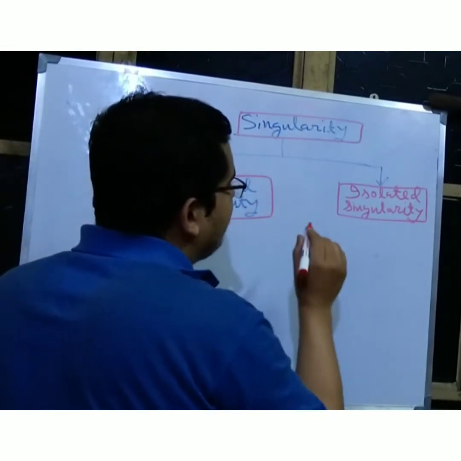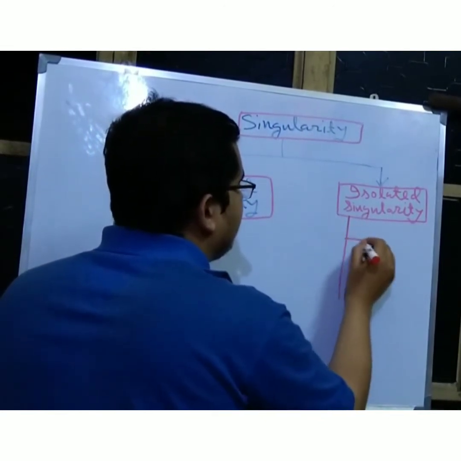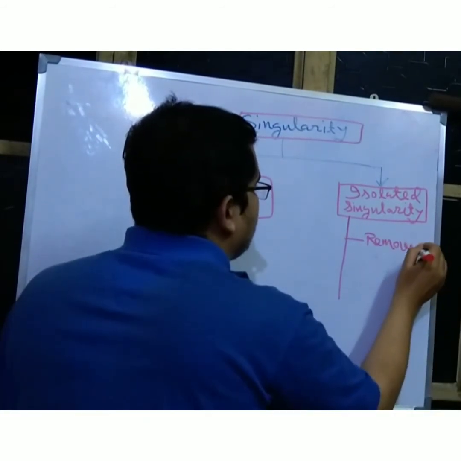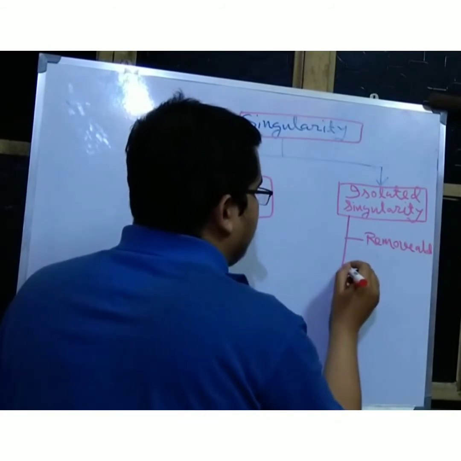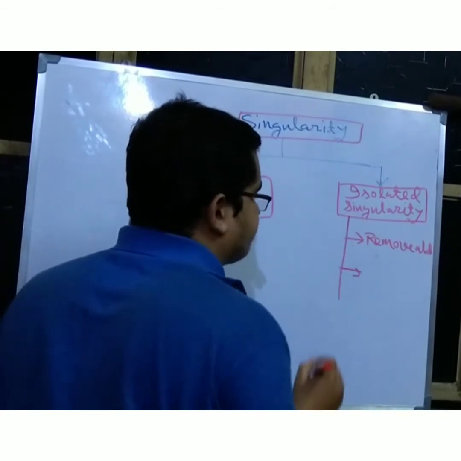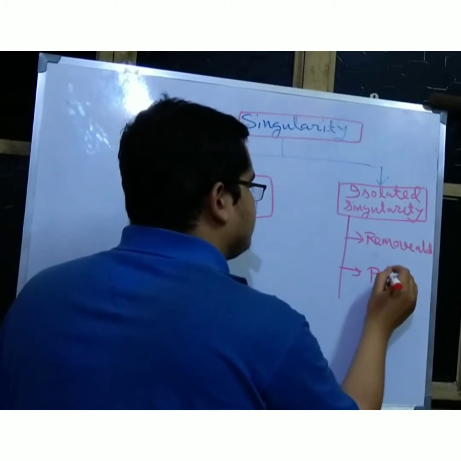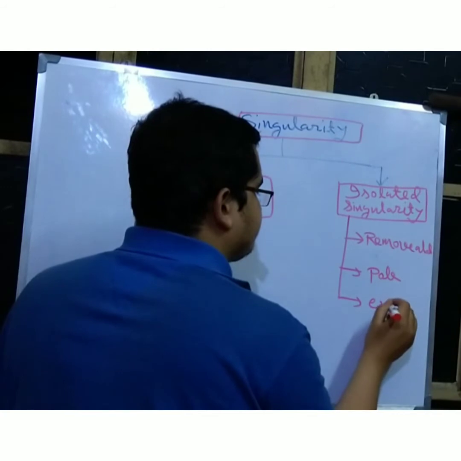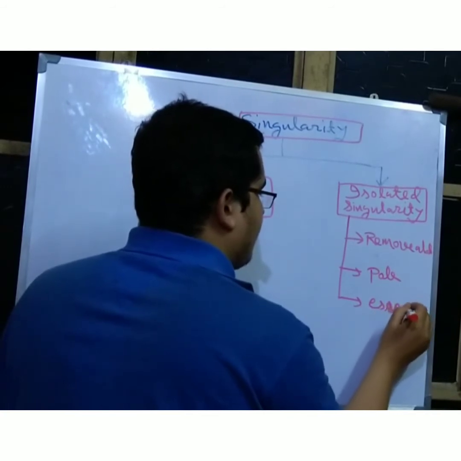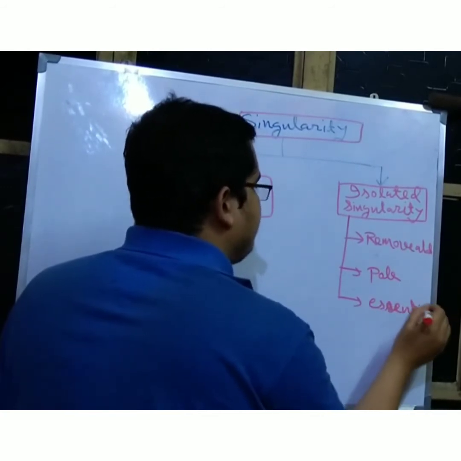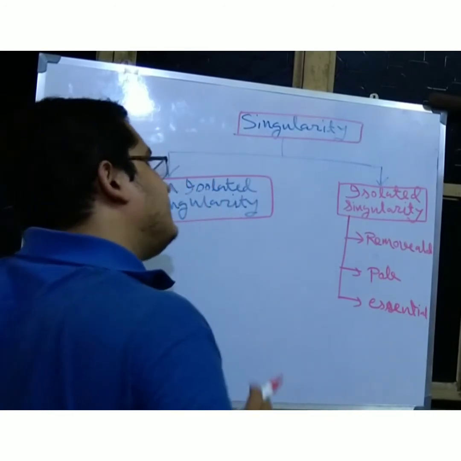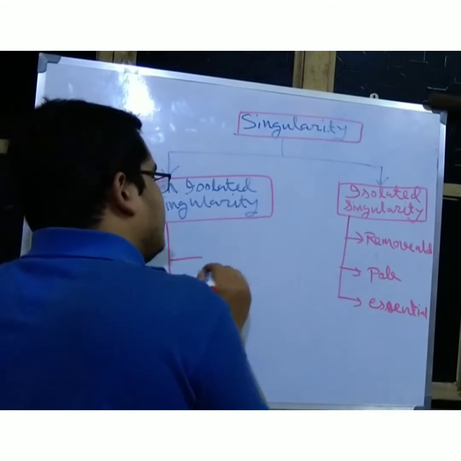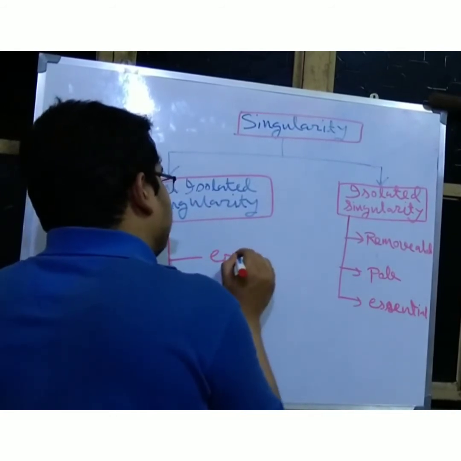So friends, the isolated singularities are: one is removable, another is pole, and the third is essential. So friends, there are isolated singularities, but non-isolated singularity is only one, that is essential singularity.